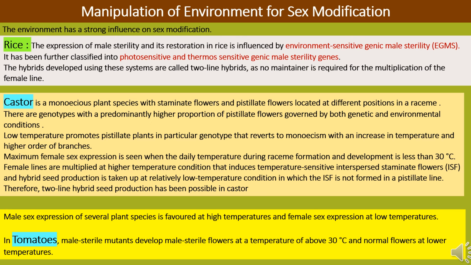The hybrids developed using these systems are called two-line hybrids, as no maintainer is required for the multiplication of the female line, and it is controlled by the environment.